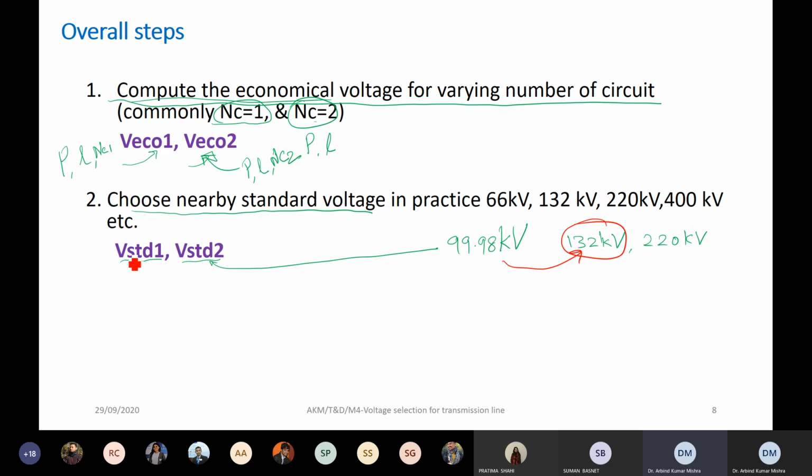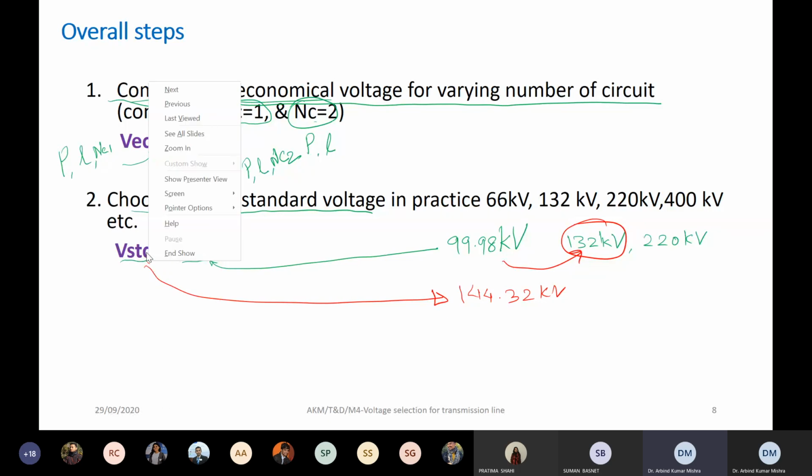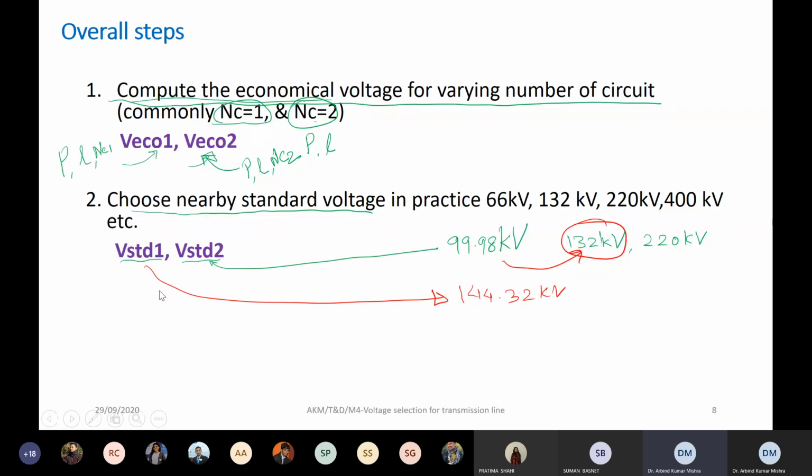Now, suppose V economical 1 is coming as 144.32 kV. What does V standard 1 mean? V standard 1 is the voltage you are going to choose nearby V economical 1, and V standard 2 is the voltage you are choosing for V economical 2.